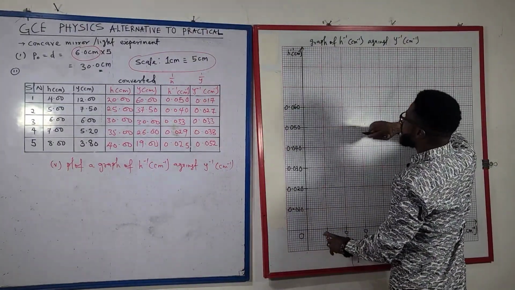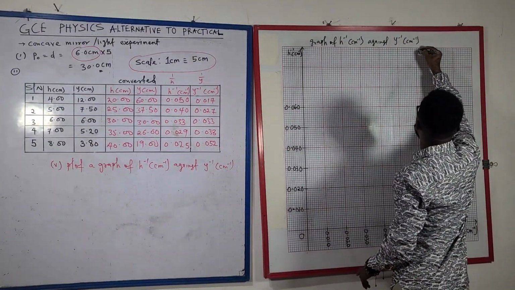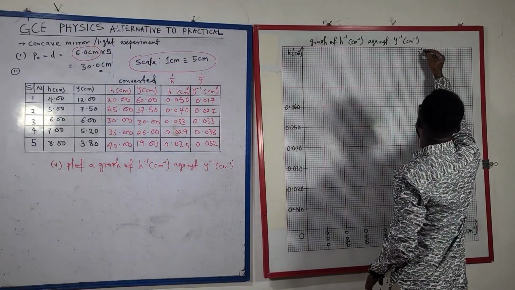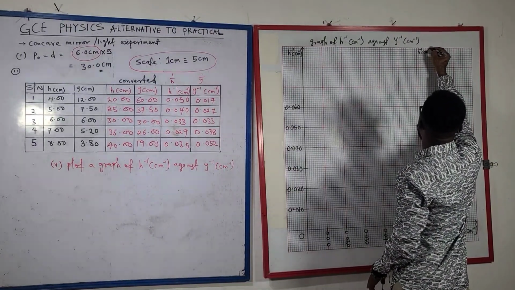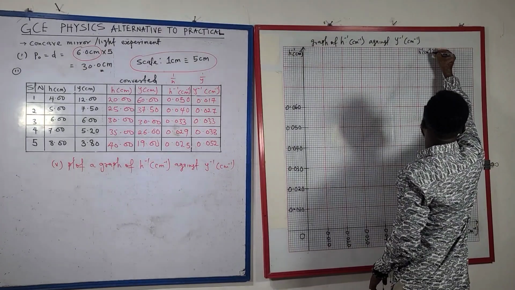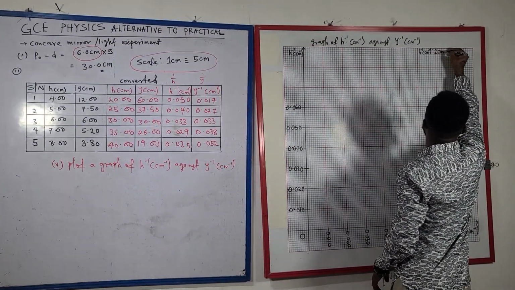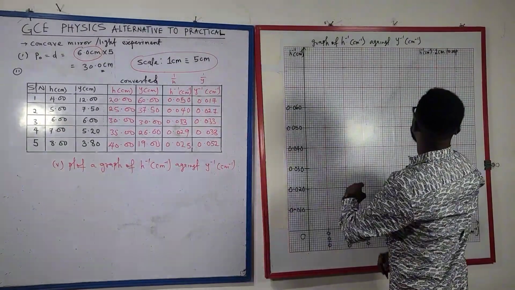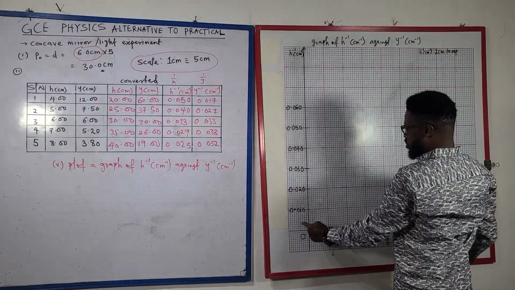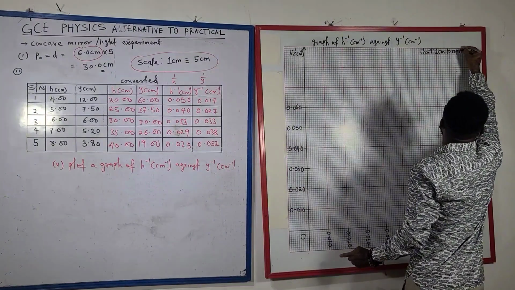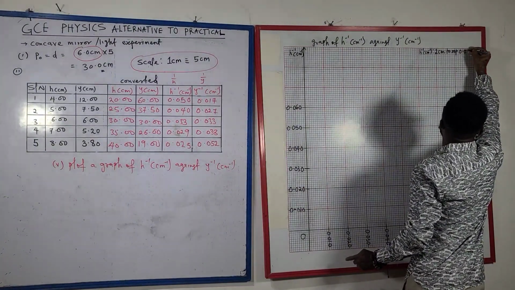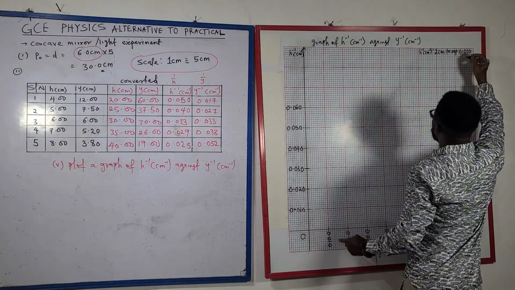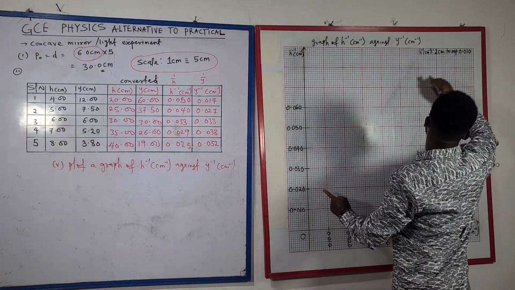So for the h minus 1 axis, in centimeter raised to power minus 1, that is 2 centimeters to represent 0.010 units.